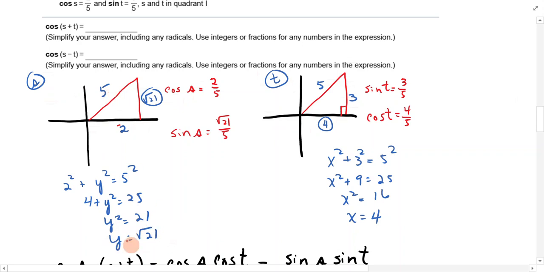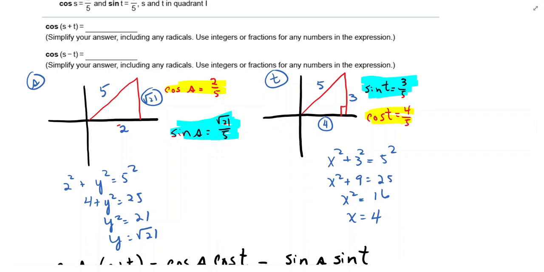You had to find the missing piece. So then I wrote that sine s was then square root of 21 over 5. So you've got cosine here, and a cosine here, and you've got a sine here, and a sine here.